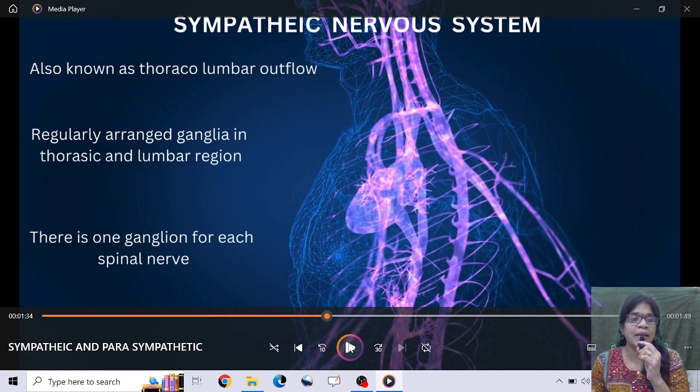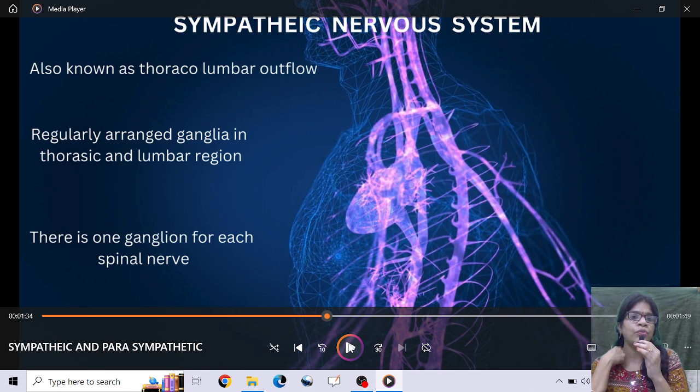What is actually a synapse? I can say two neurons join together for the transmission of impulses from one neuron to another neuron. It's a junction, where the two neurons unite and help in transferring the impulses. That is how the synapses work in the ganglion. You have millions of synapses in the ganglion.